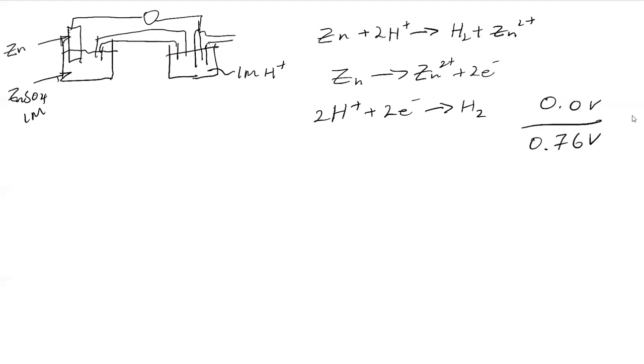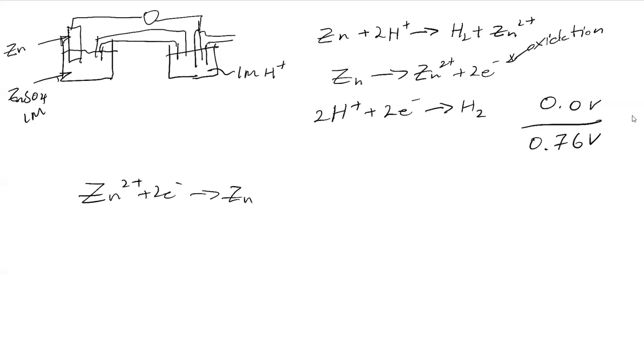Okay. Now, one of the kind of strange things is this is oxidation, but the way they always tabulate this is as reduction. So when you look at the table, it's going to say zinc 2 plus plus 2e minus gives me zinc.